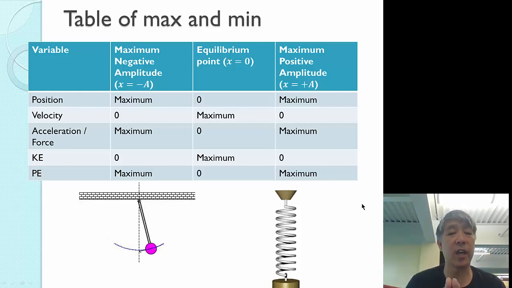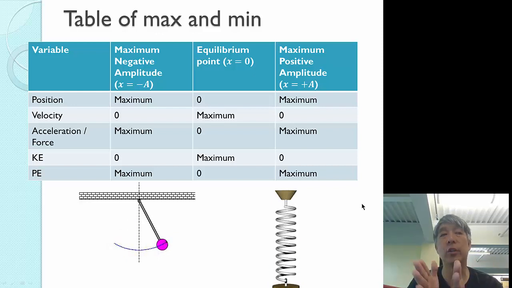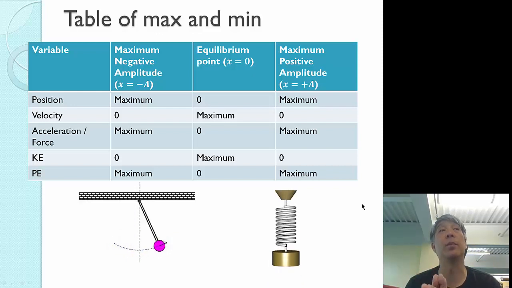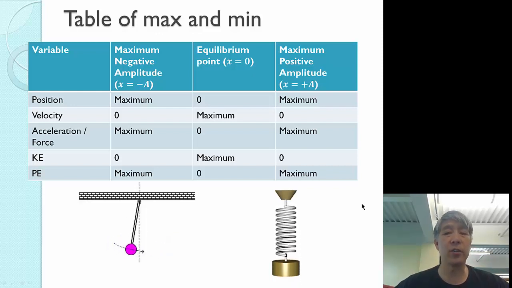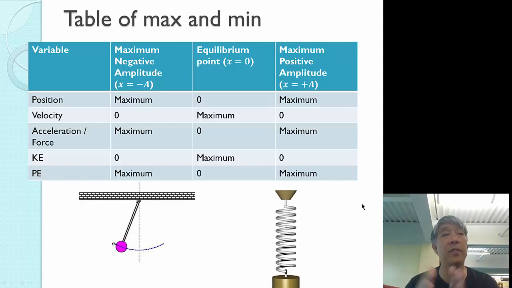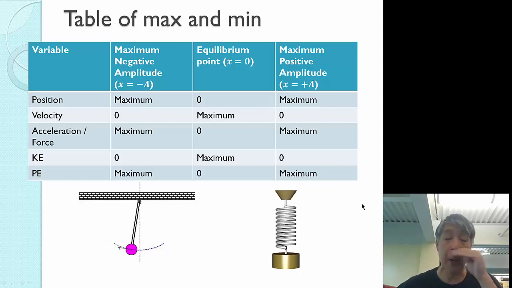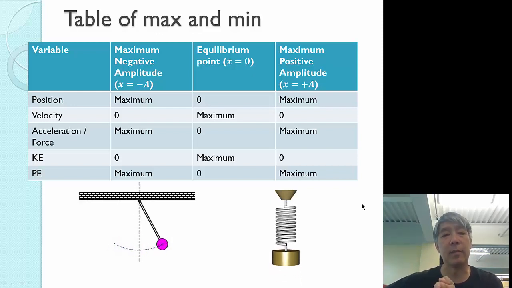Acceleration and force. Remember, simple harmonic motion is proportional. The force is proportional to displacement. That's the definition. So my acceleration or force is going to be a maximum at the amplitude points. F is proportional to delta x, so if my displacement is at a maximum there, my acceleration or force will also be a maximum.